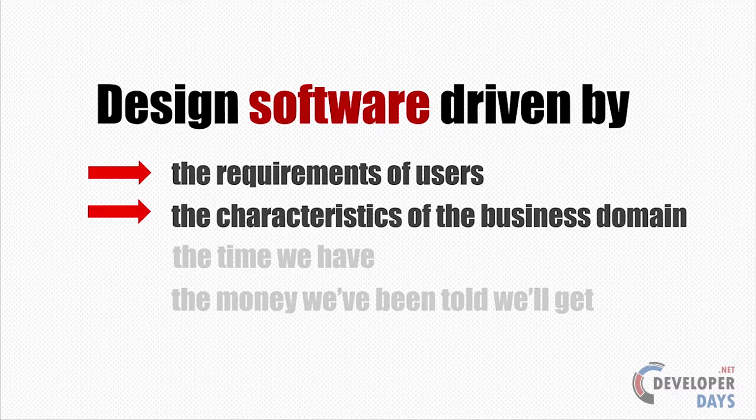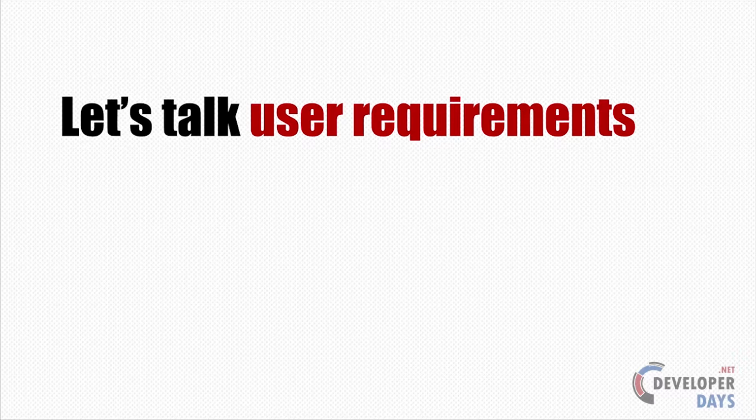So the requirements we get from users and our understanding of those requirements lead us to prepare a list of functional and non-functional characteristics that the system has to have. Let's talk requirements then.